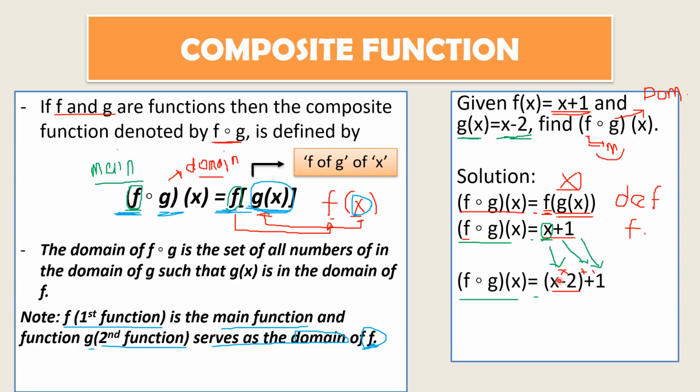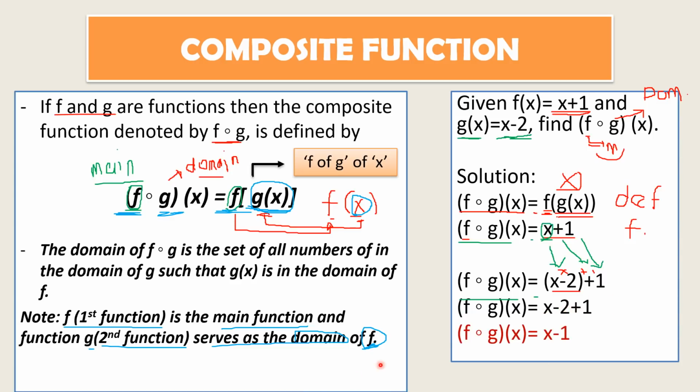So, after nating masubstitute yung g sa lahat ng x ng f, that's the time na is-simplify na natin. So, paano po ang simplification? Siyempre, of course, alisin natin yung parentheses. May iiwan is x minus 2 plus 1. Okay? Composition of f and g of x is equal to x minus 2 plus 1.